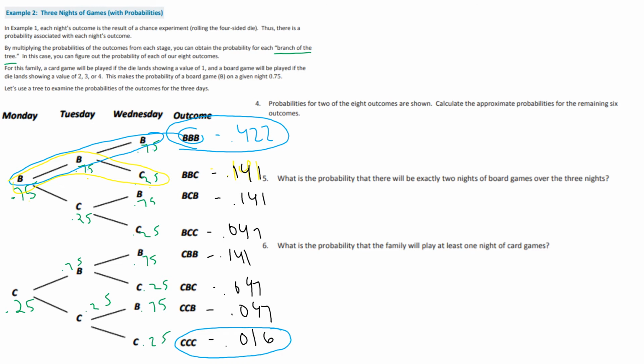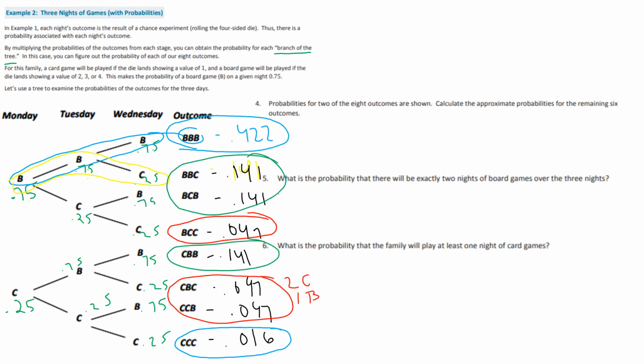And then we have another group, that's our 0.047s, which these are our ones with 2 C's and 1 B. And then our other group is our 0.141s, which is with 2 B's and 1 C. So if you figured out those patterns, you didn't have to actually multiply through every one.